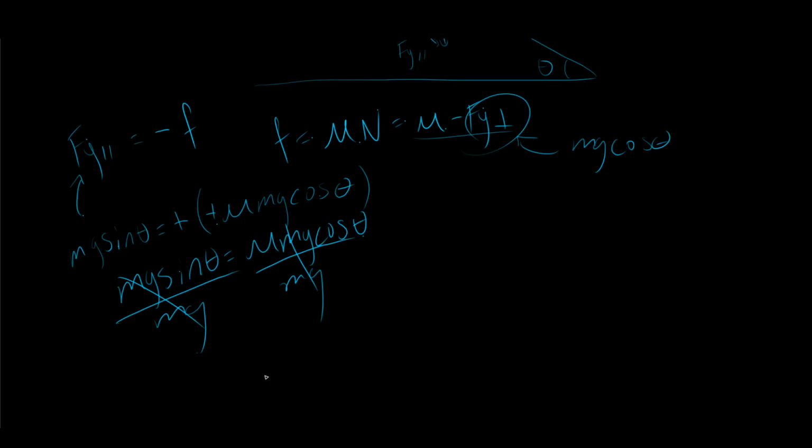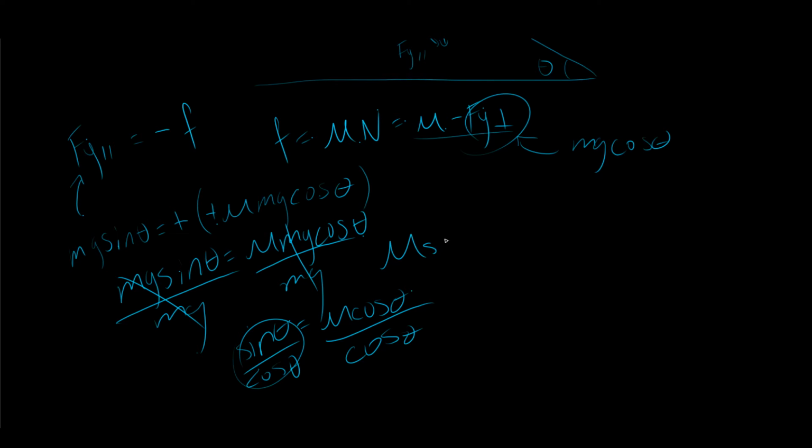and we get that sine theta is equal to mu cosine theta. We divide each side by cosine theta. And we know that sine over cosine is of course tan theta, so we see that mu static is equal to tangent of theta.